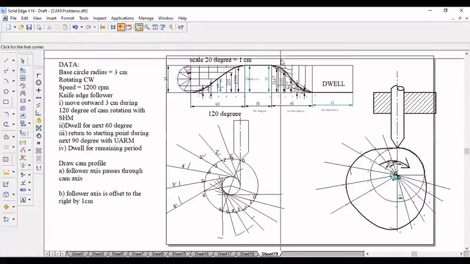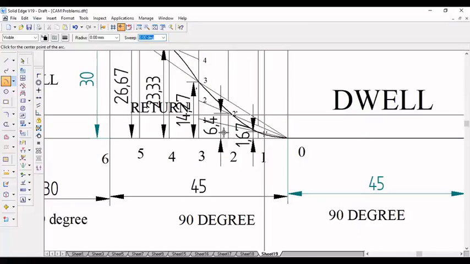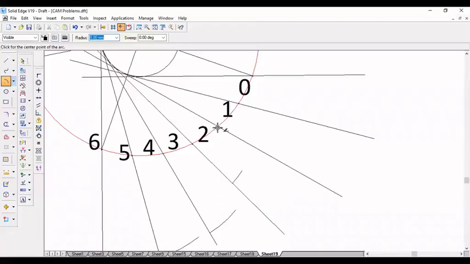Similarly, 2 to 2 dash is 6.4. 1 to 1 dash is 1.67. 0 to 0 dash is 0.